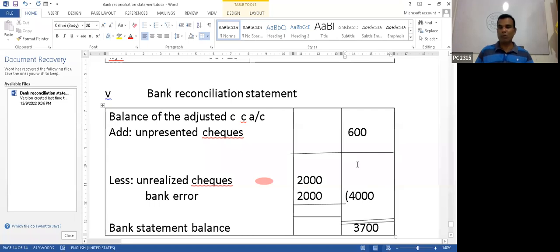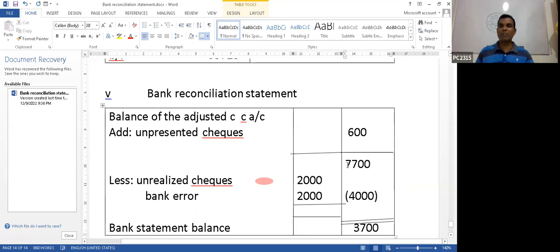Then now you can go reverse side. After deducting this amount, reverse, the total here is 7,700.